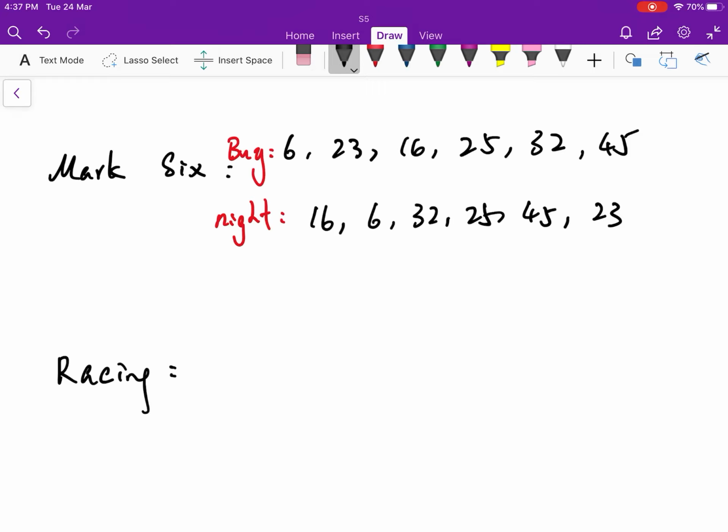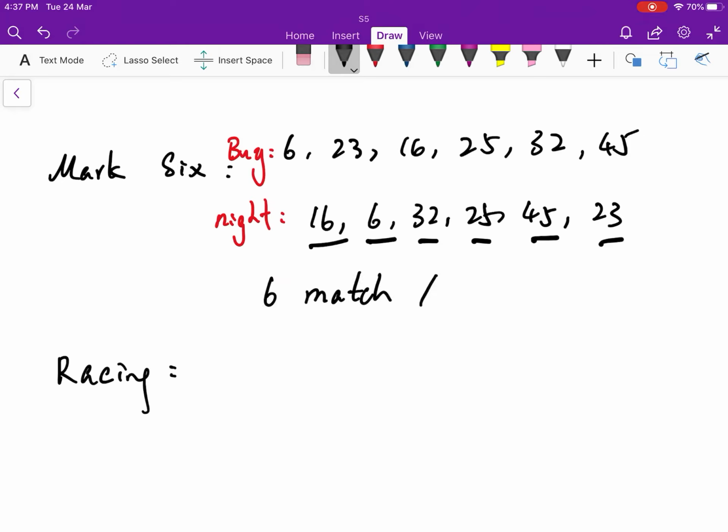Oh my god, Miss Poon is so lucky. All the numbers are matching. So can I get the champion prize, the top prize? Of course, yes, right? Because all 6 numbers are matched.